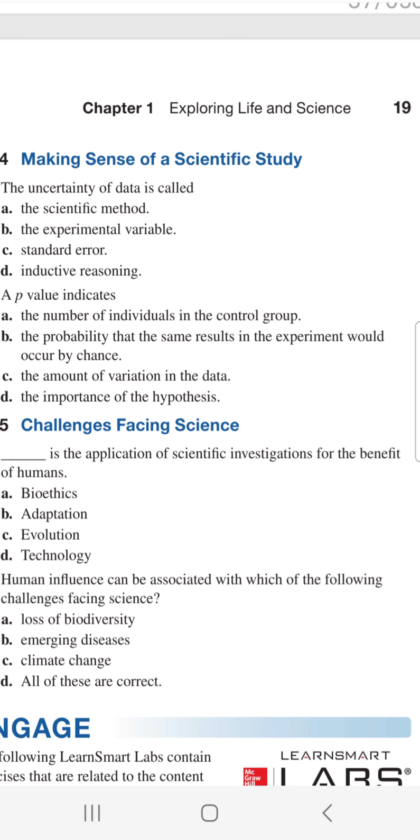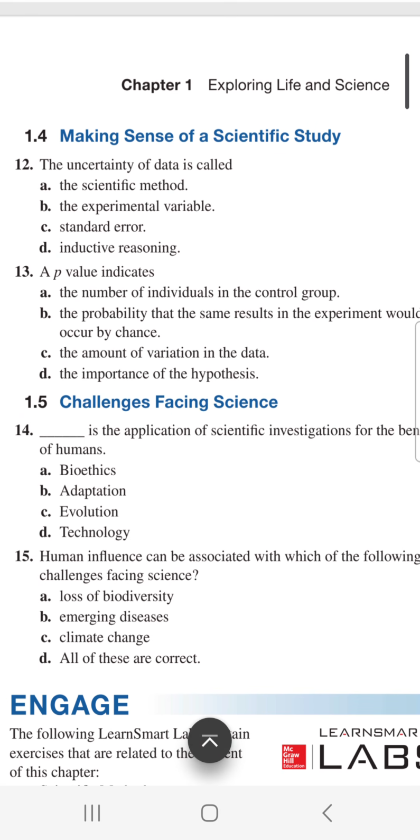No. The probability that the same results in the experiment would occur by chance, the amount of variation in the data, the importance of the hypothesis. It tells you the probability, so P for probability, that the same results in the experiment would occur by chance, and how much of it is occurring due to the independent variable that you are testing.